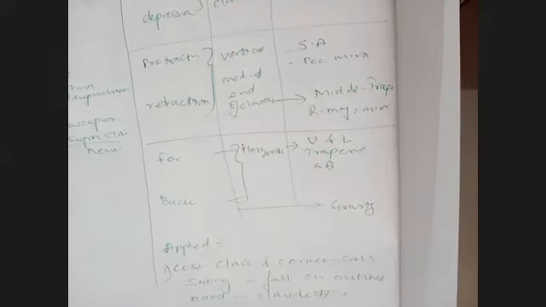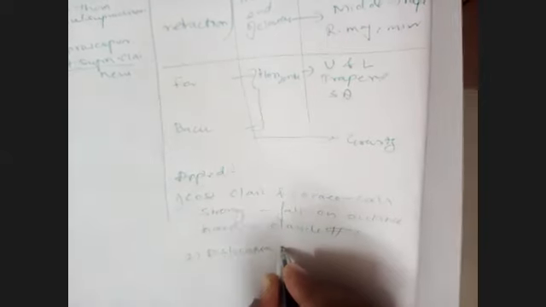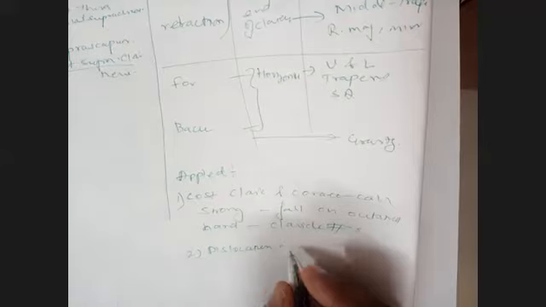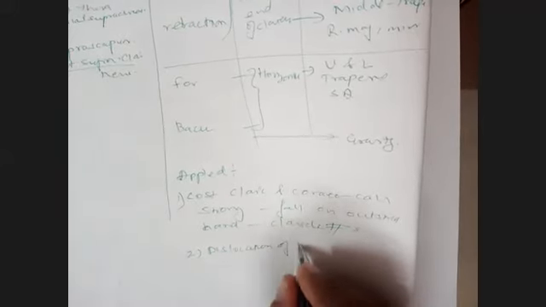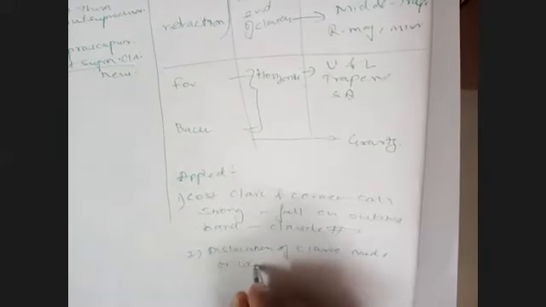Okay. So the clavicle also sometimes dislocates. So we write about dislocation of the clavicle at the medial end. Dislocation of the clavicle can be at either of the ends, at the medial or lateral end.